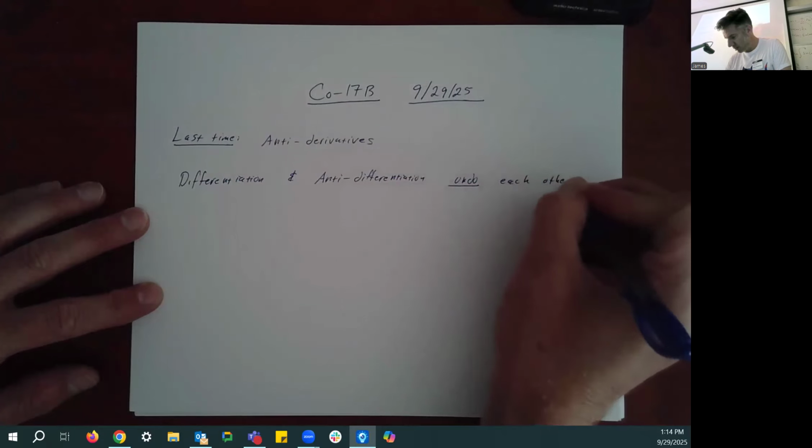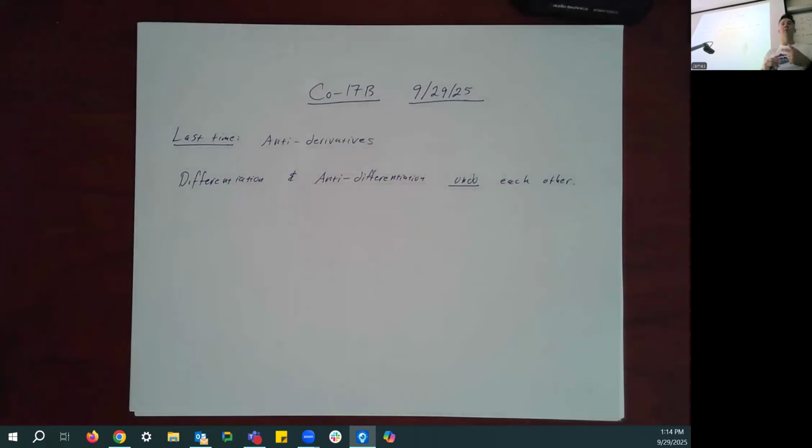Or said another way, if you do both of them in succession, you'll end up almost where you started. Usually where you started, or you might be off by a constant. Let me show you two examples.